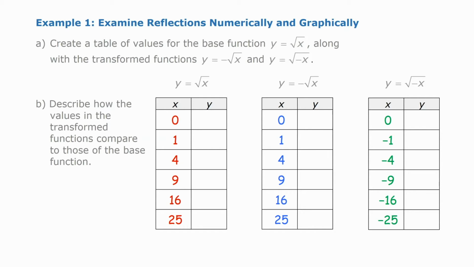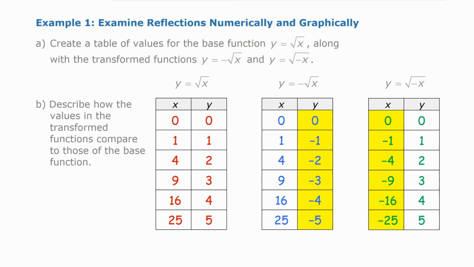We are going to change it from y equals square root of x to y equals negative square root of x. And we're also going to change it to y equals square root of negative x. And we're going to complete the tables just by substituting in those values for x in every single case there. And in the interest of time, we will just have a look at what those numbers are right now.